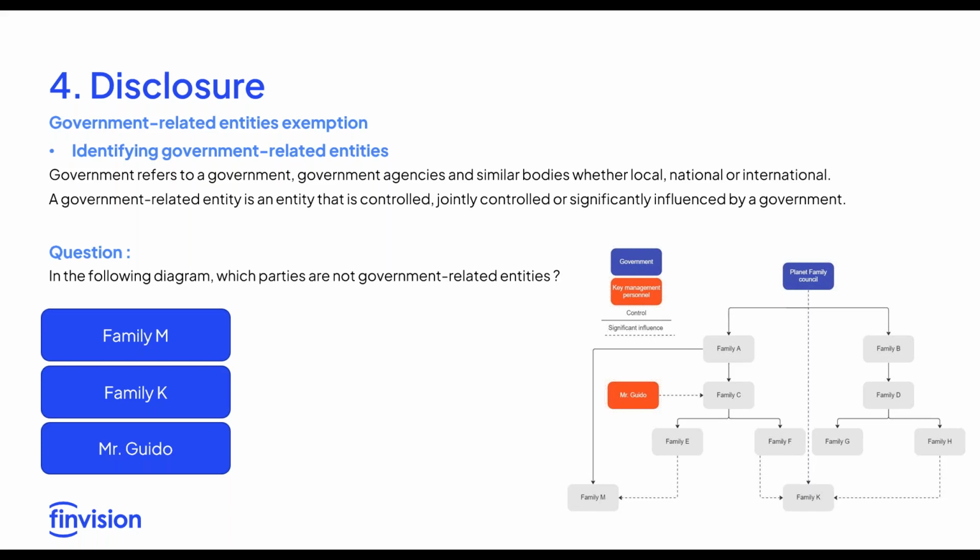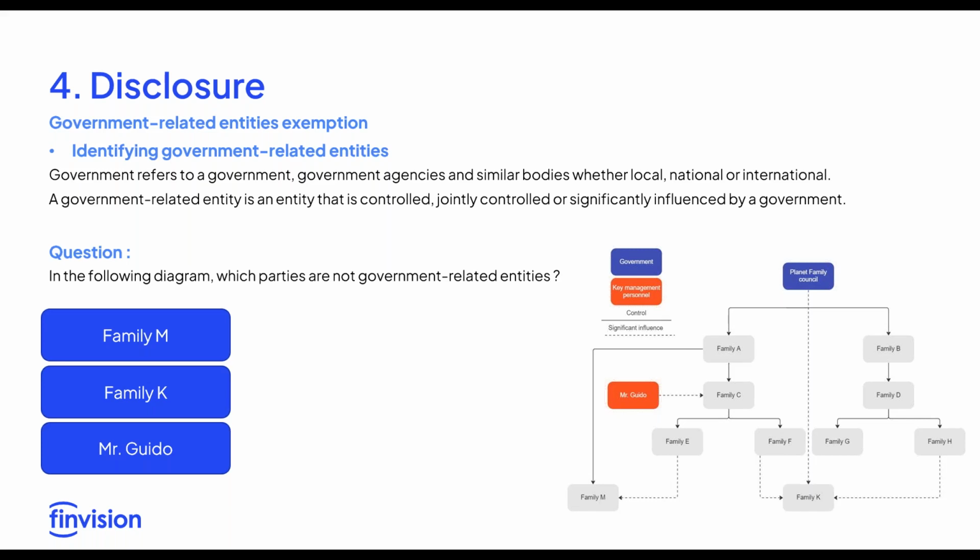Basically, it refers to any government agency or similar bodies, being local, national, or international. And a government-related entity, as Anouk explained earlier, is an entity that is controlled by such a body or government agency, being controlled, jointly controlled, or significantly influenced by.